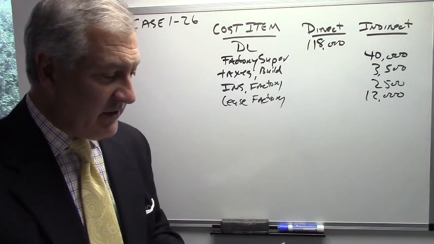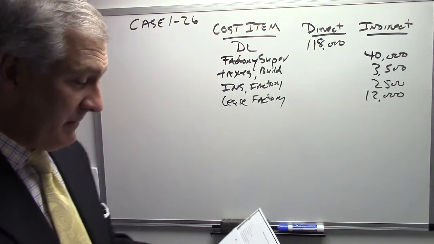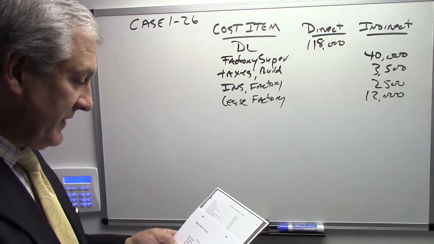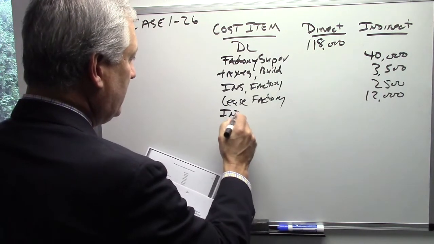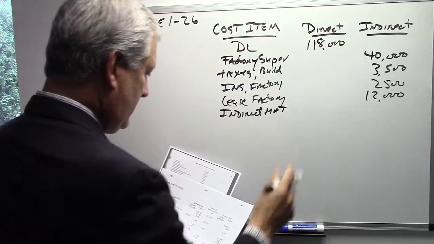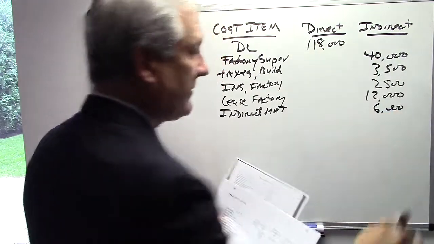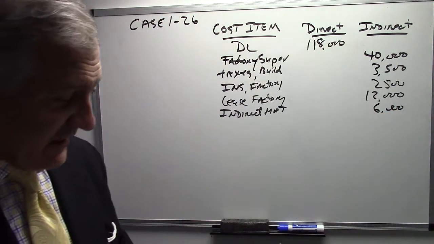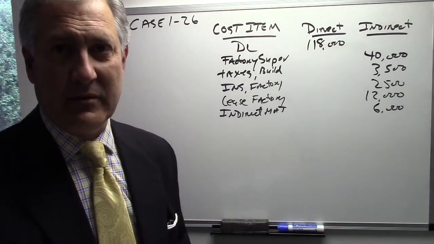Next item is indirect materials, factory. That's pretty self-explanatory. That's going to be for $6,000. So we're going to call it indirect materials, and that's going to be $6,000. It's going to be my indirect cost, part of manufacturing overhead. Next item is depreciation, factory building.